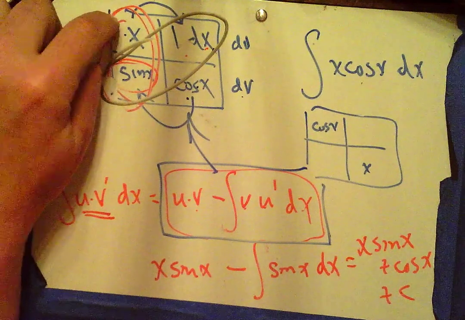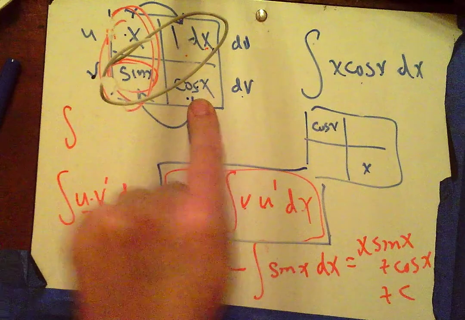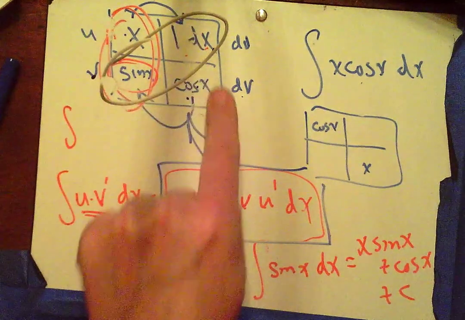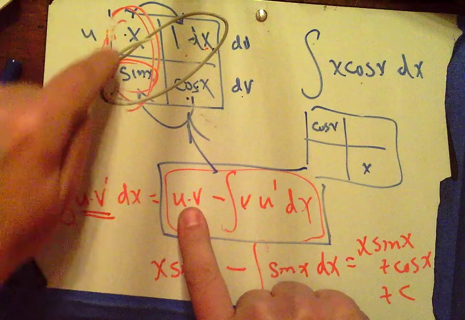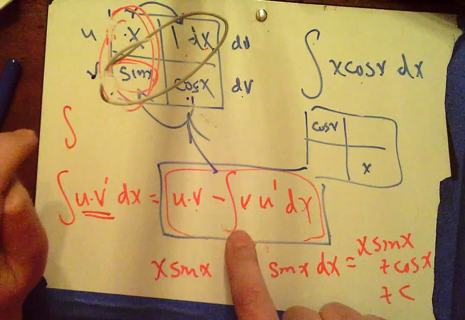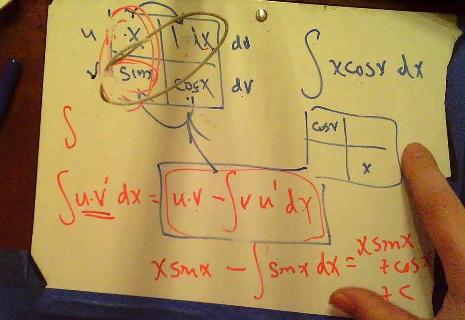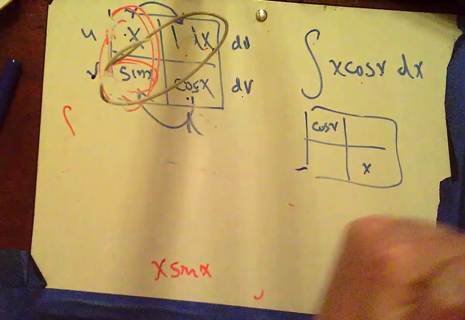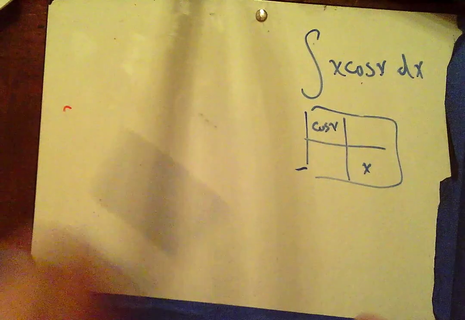And I definitely use this recipe, tied to this graphic organizer. U, the function, goes here. The derivative of someone else's function goes here. Derivative on top, antiderivative on the bottom. My recipe is this times this, minus the integral of this times this. Okay? Now, let's go back to this. What happens if I put things in differently? Well, let's see.